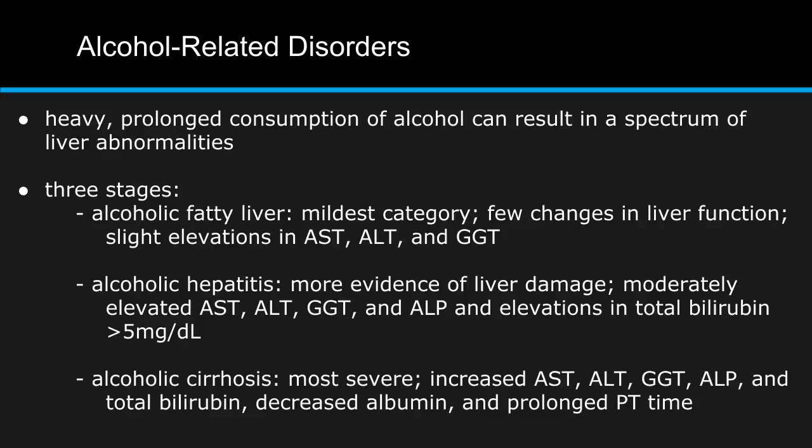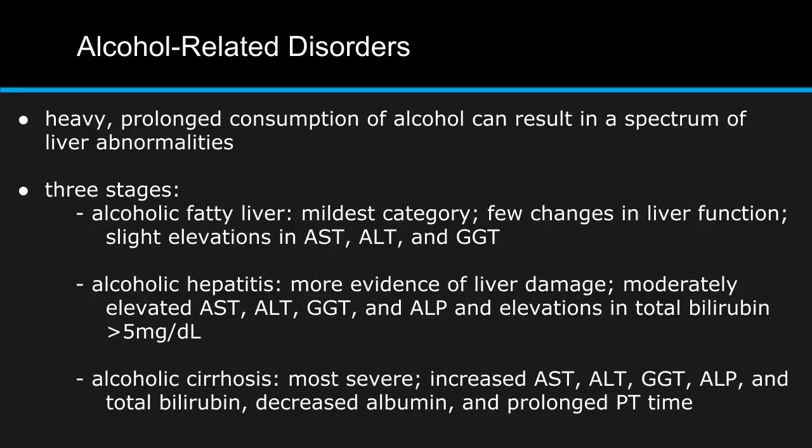Alcoholic hepatitis presents with common signs and symptoms including fever, ascites, proximal muscle loss, and far more laboratory evidence of liver damage, such as moderately elevated AST, ALT, GGT, and ALP, and elevations in total bilirubin greater than 5 milligrams per deciliter. The last and most severe stage is alcoholic cirrhosis.